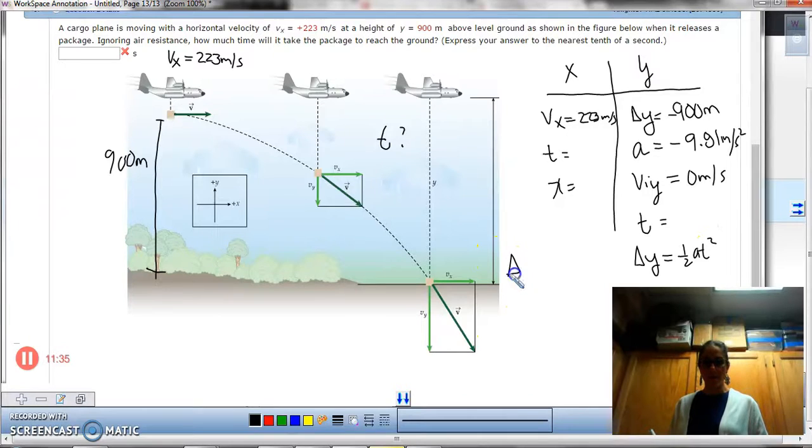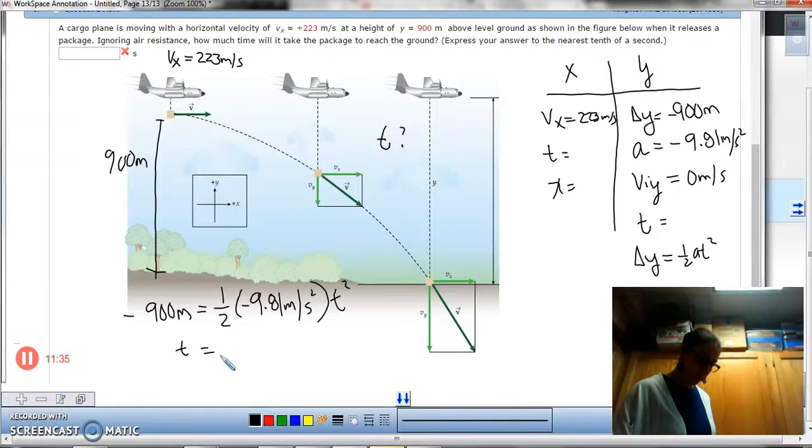This problem looks really complicated, but it's actually not too bad. So if I solve for time here, it's going to look like this. Delta y is going to be 900. And then we solve for time.